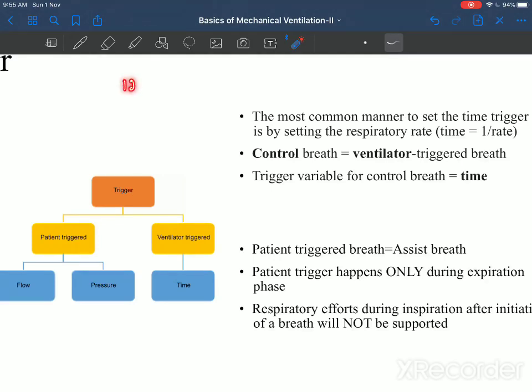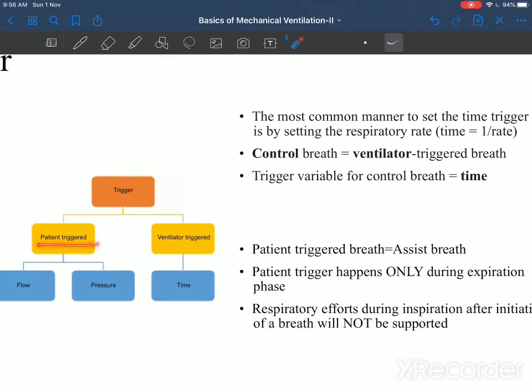So for a patient to breathe at 12 per minute, you have to set the ventilator timing at 5 seconds, or in other words, every 5 seconds you want the ventilator to give one breath. That is the frequency, so it is dependent on the ventilator.